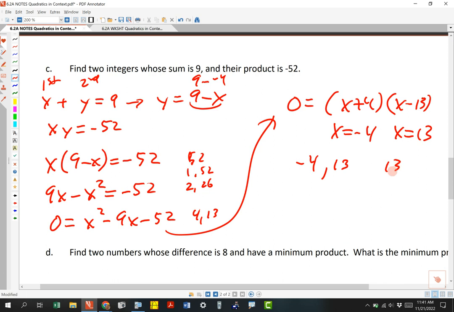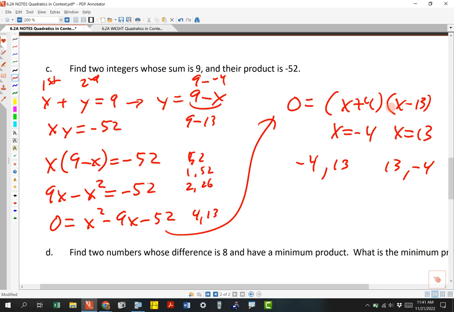If the first one is 13, this would be 9 minus 13. So the other one would be negative 4. Same answer either way. Why did I get the opposite? Did you factor it wrong?